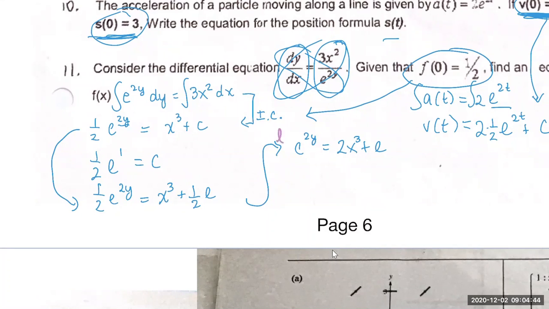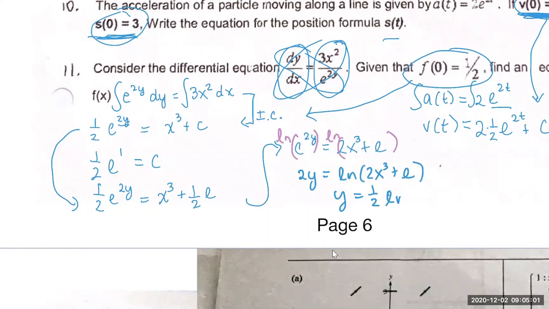So let's ln this side and ln this side. Then we get 2y equals ln of 2x cubed plus e. And then divide everything through by 2 to get y equals 1/2 ln of 2x cubed plus e as your final answer.